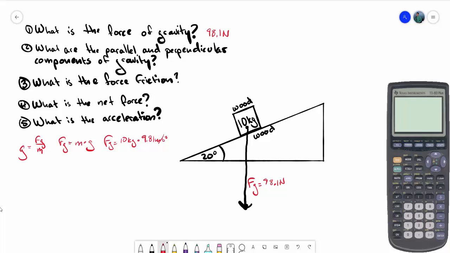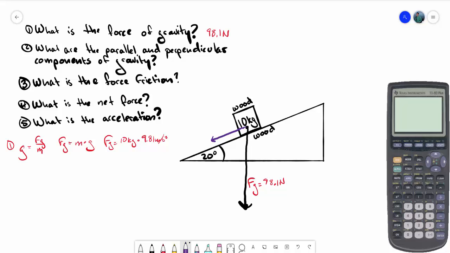So the parallel and perpendicular components of gravity look like this. Gravity wants to go straight down. However, this inclined plane is in its way. So a part of gravity is going to push this box down the ramp, like so. Another part of gravity will be pushing up against the ramp.